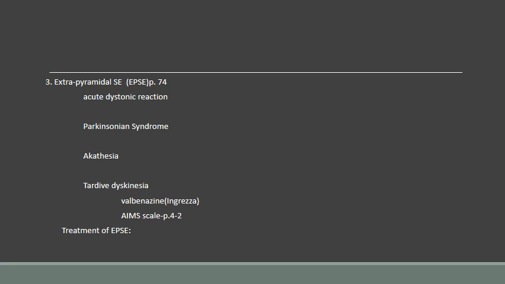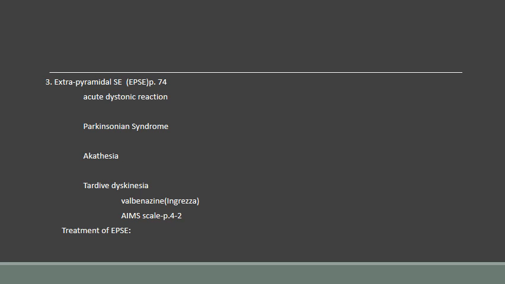And the treatment for Parkinsonian syndrome is going to be benztropine, spelled B-E-N-Z-T-R-O-P-I-N-E, and the trade name is Cogentin. This is an anti-Parkinsonian agent, and it helps with those muscle spasms, stiffness, tremors, and drooling.